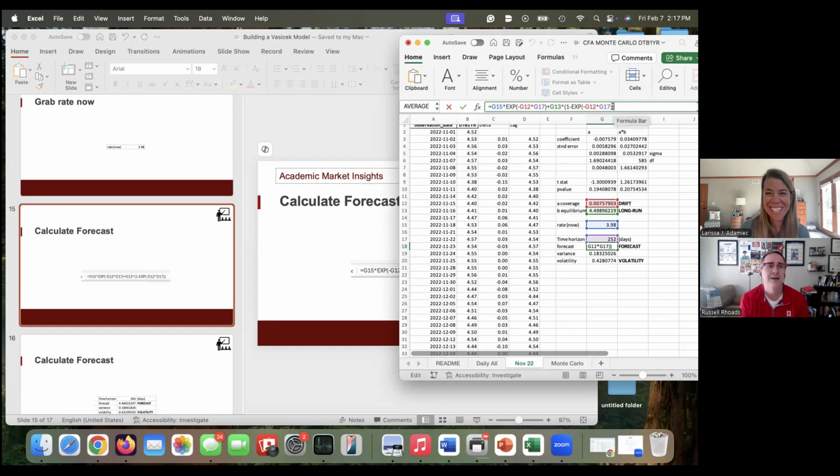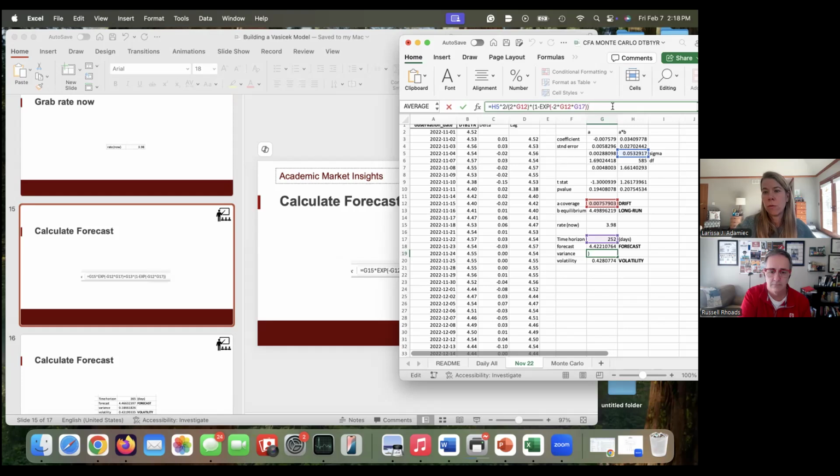Pretty exciting, right? Now we're going to calculate our variance, utilizing the sigma and the A coverage, and our time horizon as well.